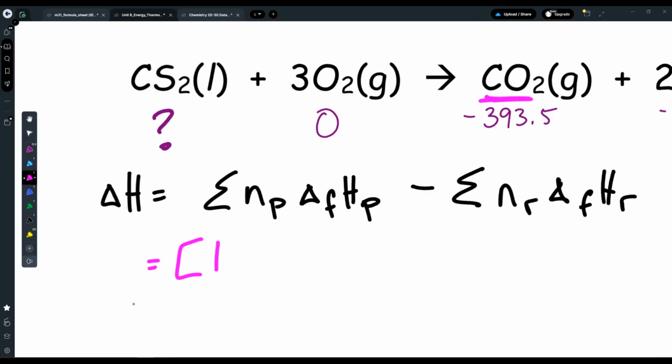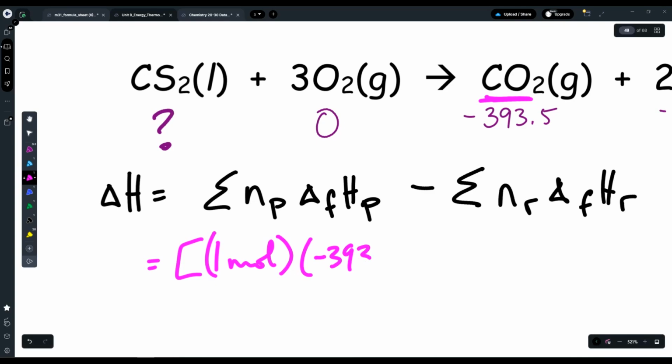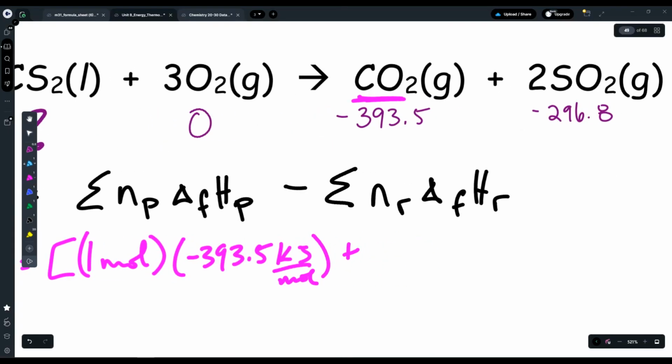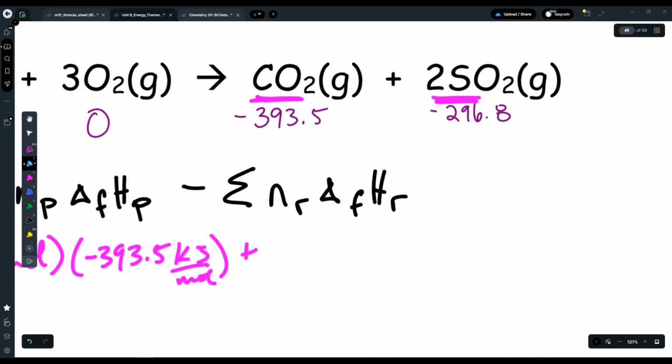So we've got 1 mole times negative 393.5, plus, I'm going to use blue for sulfur dioxide.